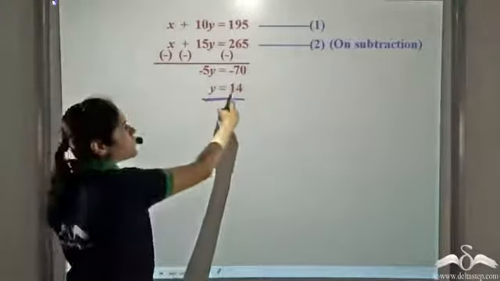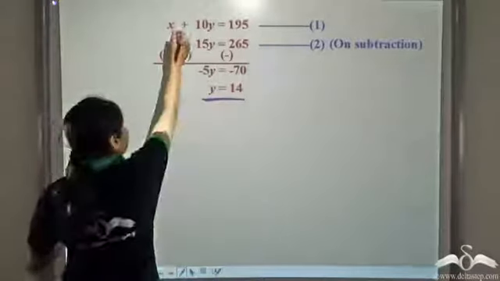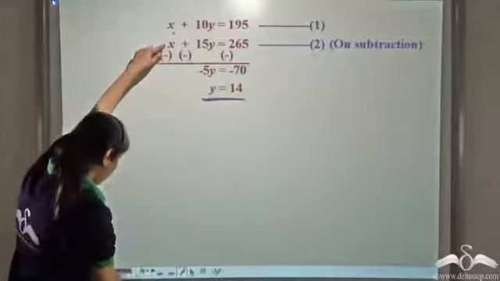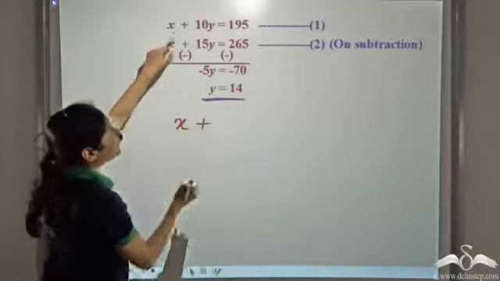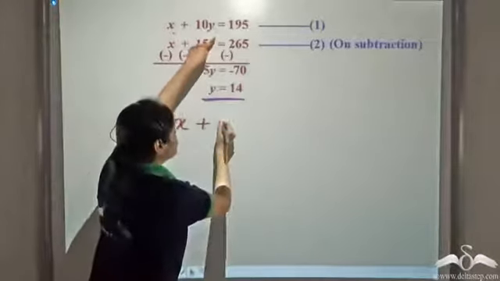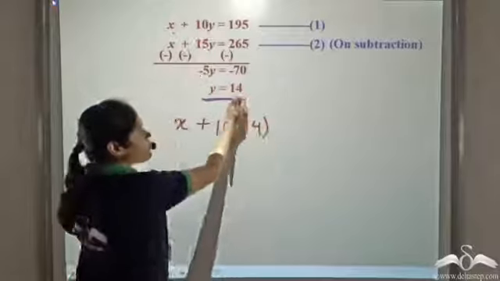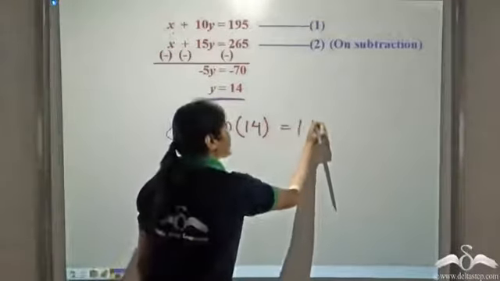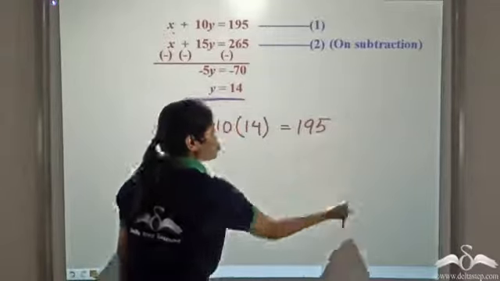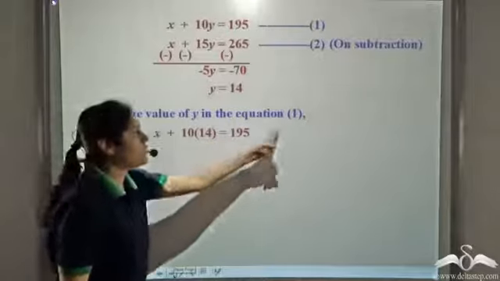So let us put y equal to 14 in equation 1. So we write x plus 10 into y. So 10 into 14, in place of y we write 14, is equal to 195. This is what we have, putting the value of y in equation 1.